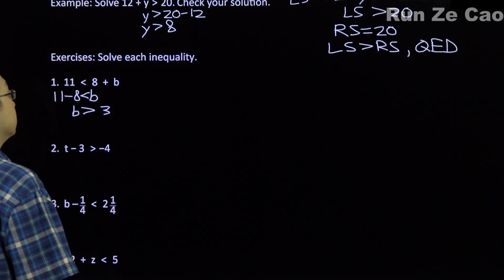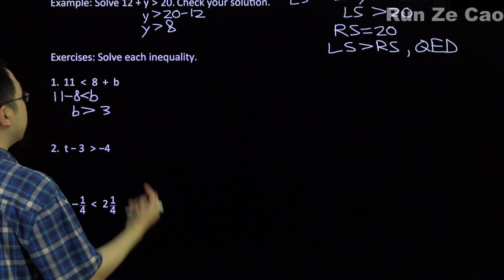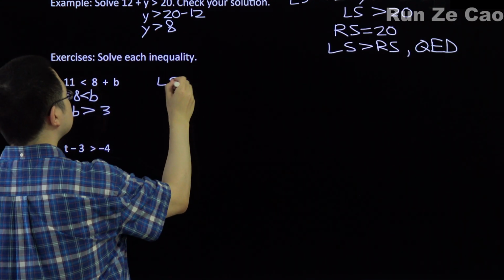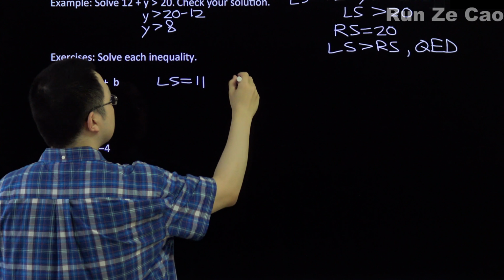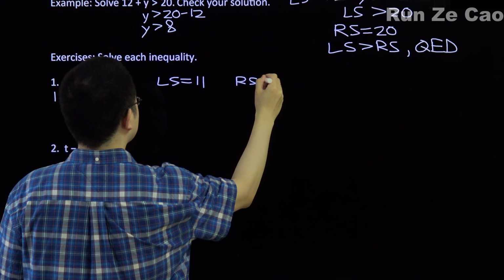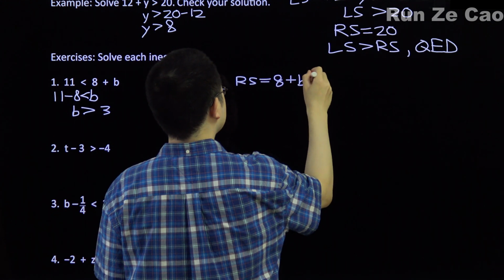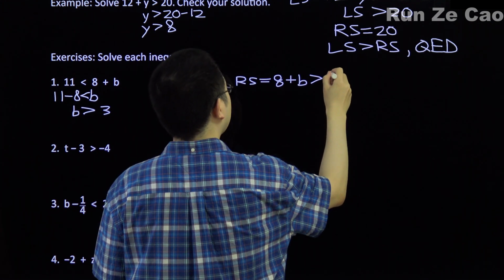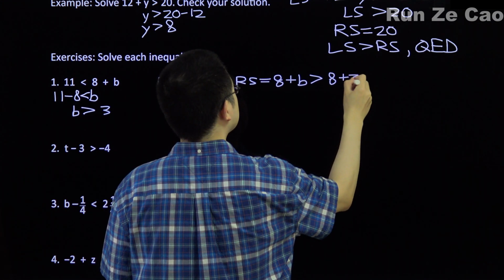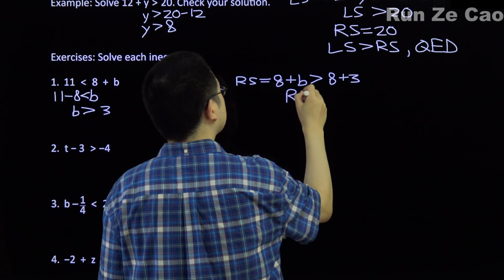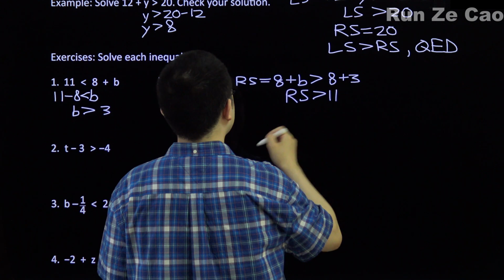So, what would happen if we decided to check this? Well, left side equals 11. Okay. Right side is equal to 8 plus b, which is greater than 8 plus 3, because b is greater than 3 is what we found. Therefore, right side is greater than 11.